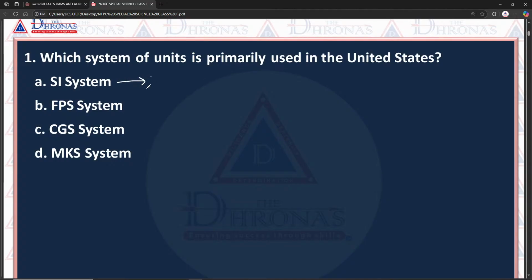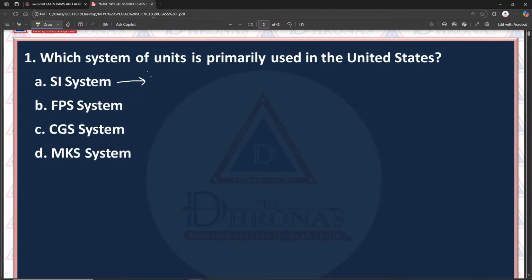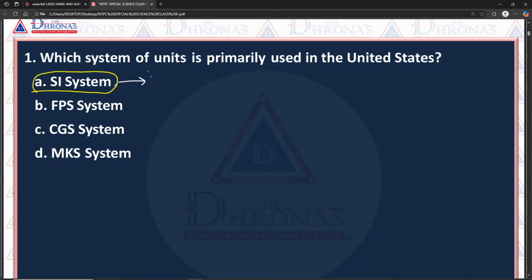The modern unit system is System International. The SI system is used primarily everywhere.